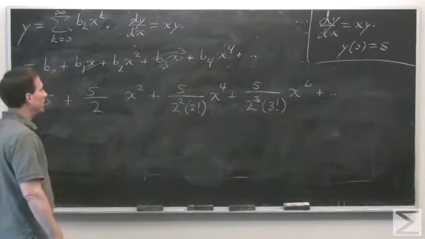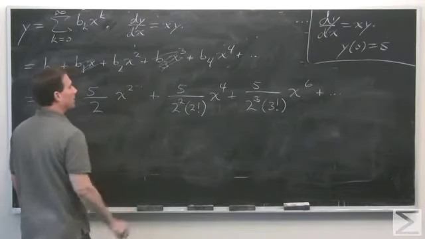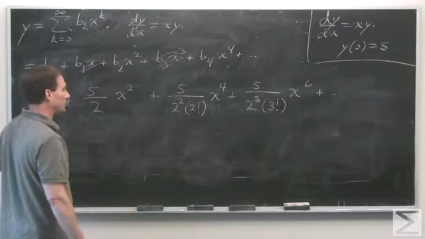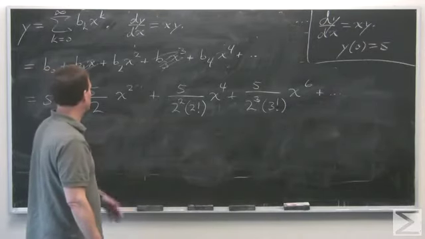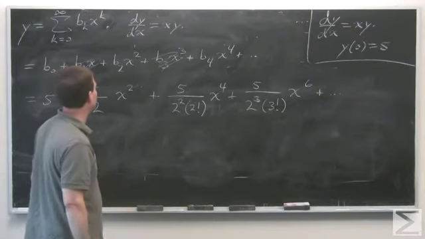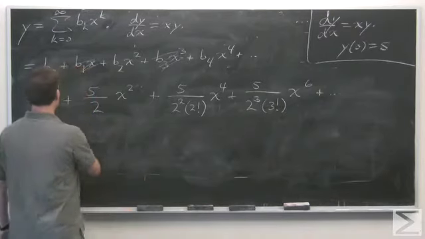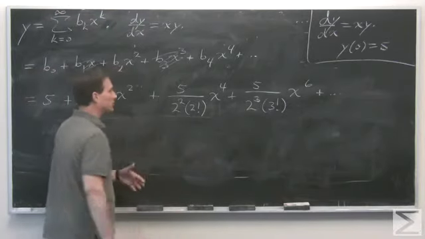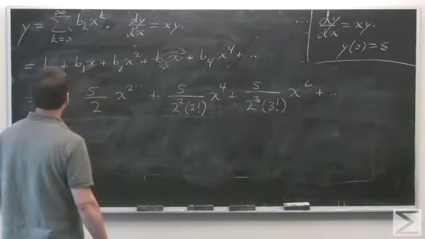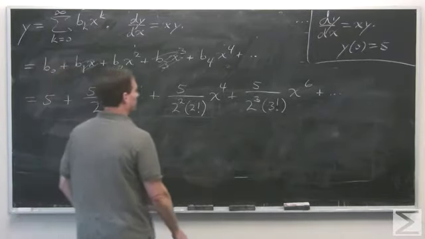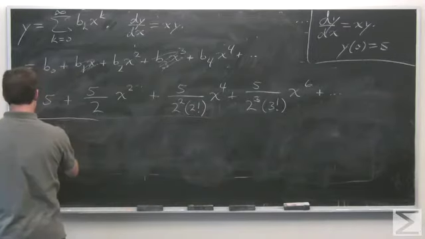So you get this. And if we couldn't recognize this as something, you could just leave it like this and say, if I want to approximate the solution, maybe use these first 3 non-zero terms, which would mean going up to the x to the 4th term.